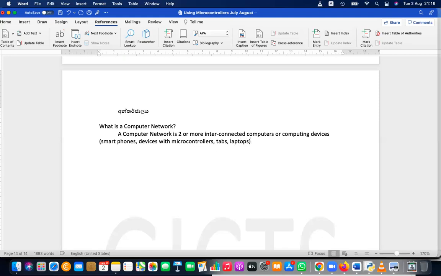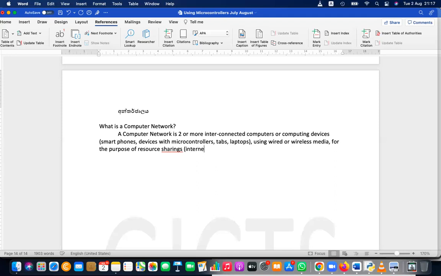Any computing device, not printer, monitor, not those things, not the components, computing devices. Two or more interconnected computers or computing devices using wired or wireless media for the purpose of resource sharing.